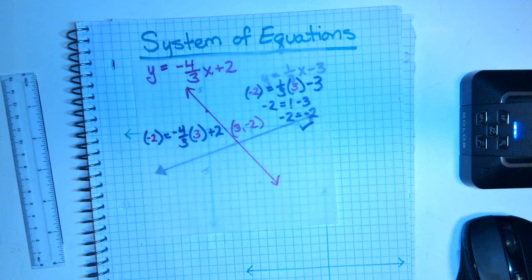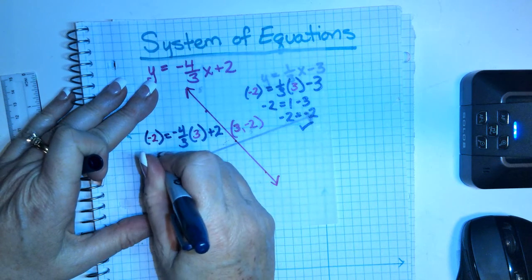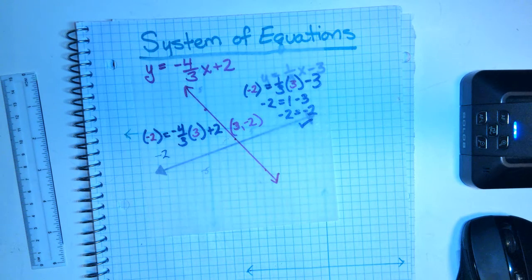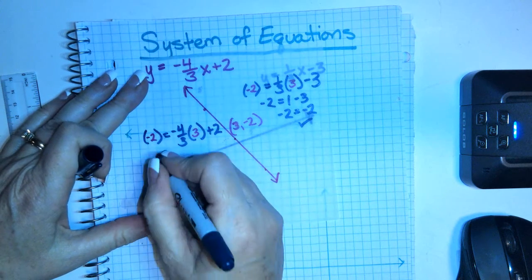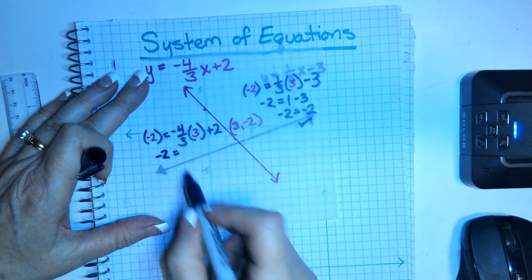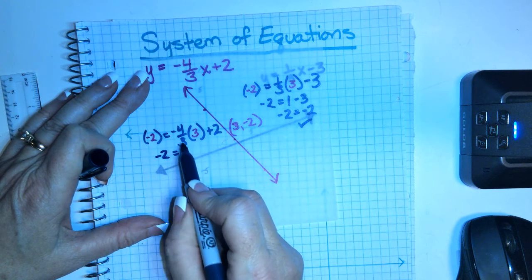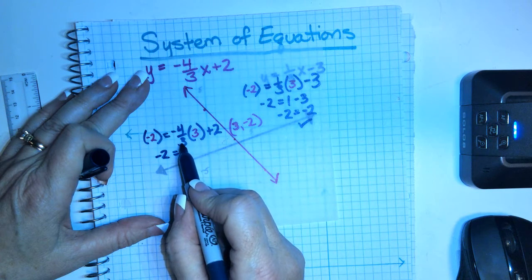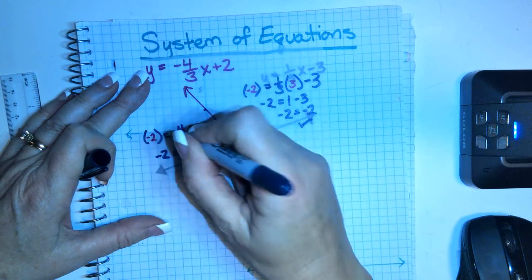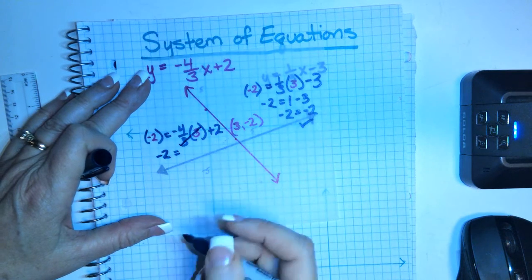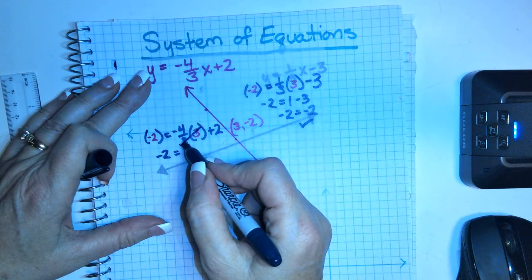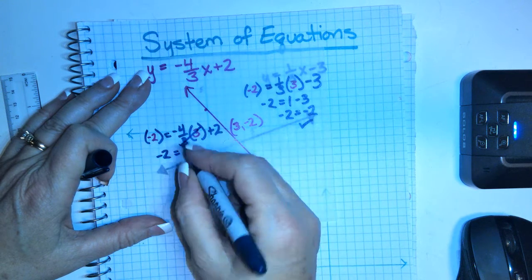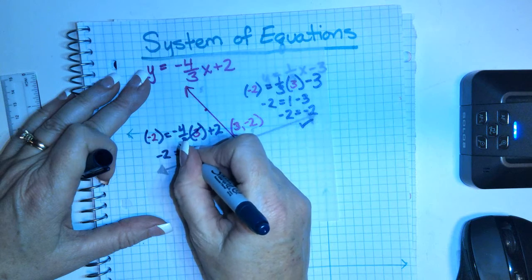Simplifying that now, I'm going to have negative 2 equals, now this is negative 4/3 times 3. Well, this is divide by 3 and this is multiply by 3. So I'm going to cross these out, but I'm not going to say the word cancel because 3 divided by 3 is 1. So this is negative 4 times 1. Negative 4 times 1 is just negative 4.